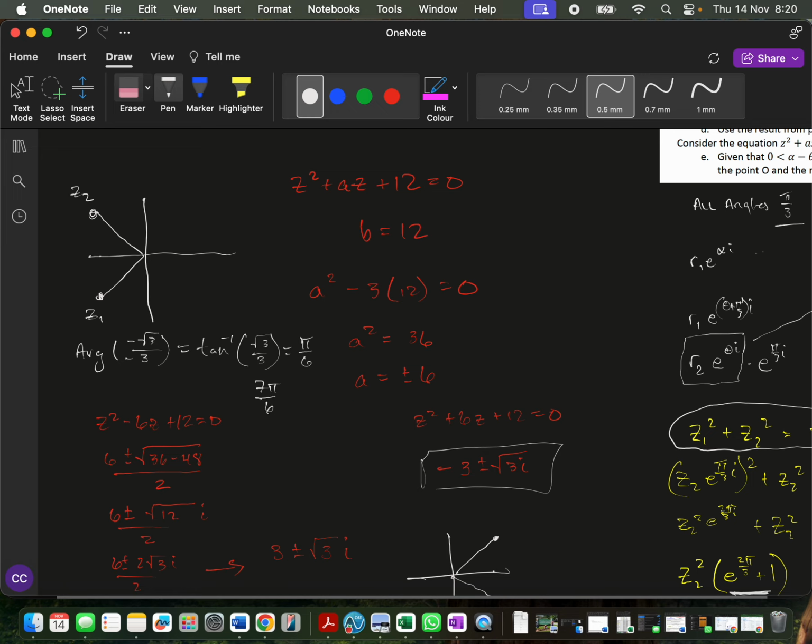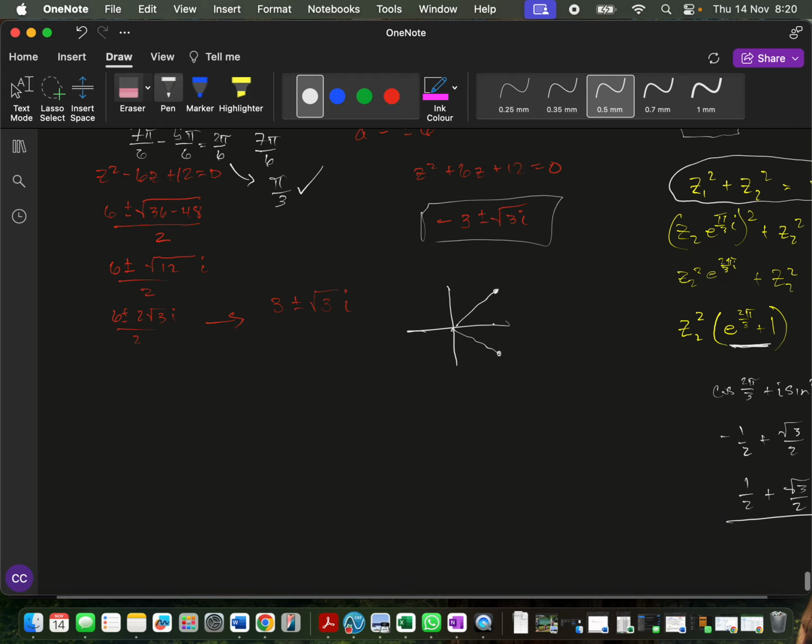Similarly, the arctan of this one here would give me 5 pi over 6, because that would be here. So if I did 7 pi over 6 minus 5 pi over 6, I would get 2 pi over 6, which is pi over 3. So that one definitely works and makes an equilateral triangle.